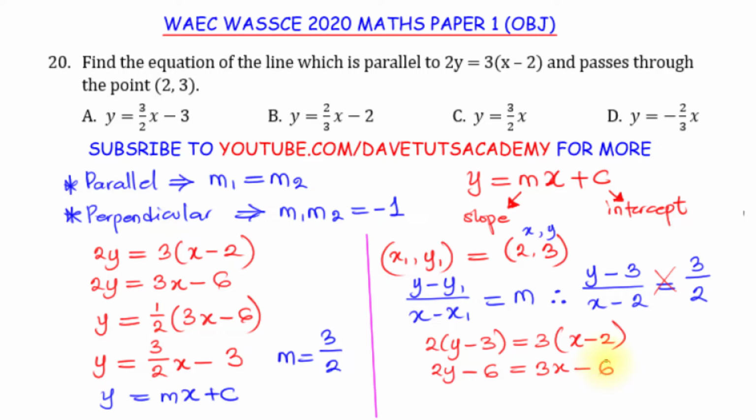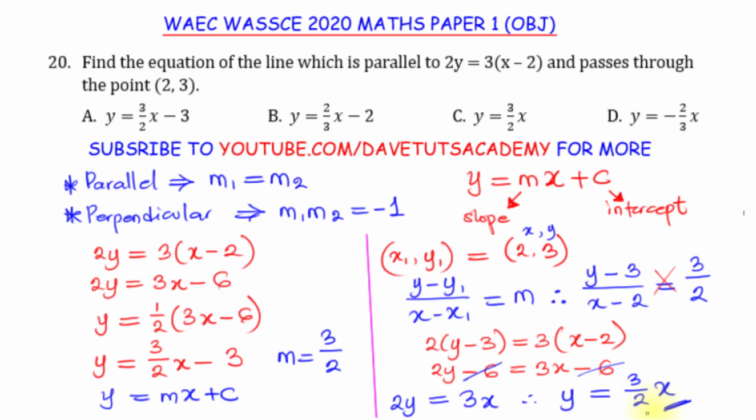Wow, interestingly. This is quite interesting because this minus 6 and this minus 6, if we move one to the other side, that will become positive and they will knock out. So we have 2y is equal to 3x, therefore y will be 3 over 2 x.